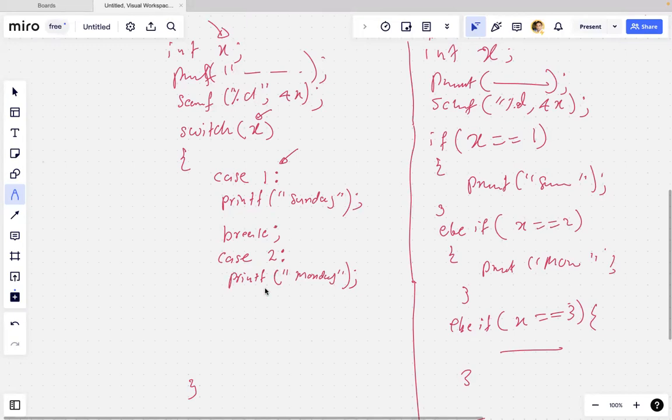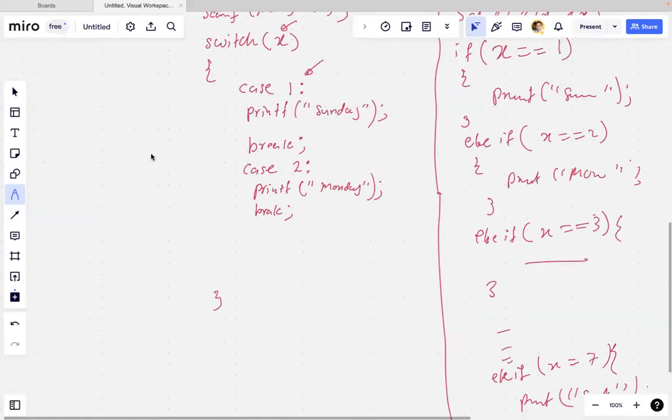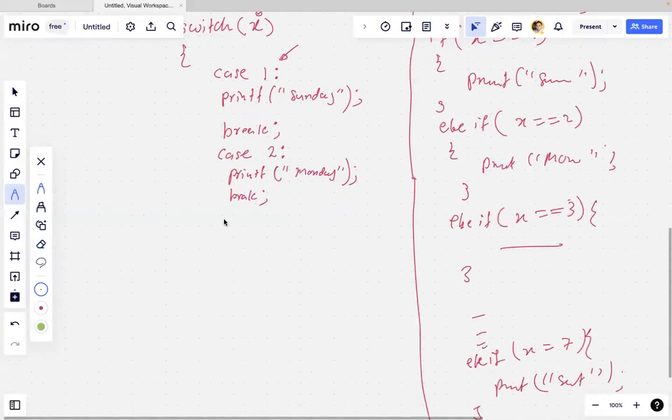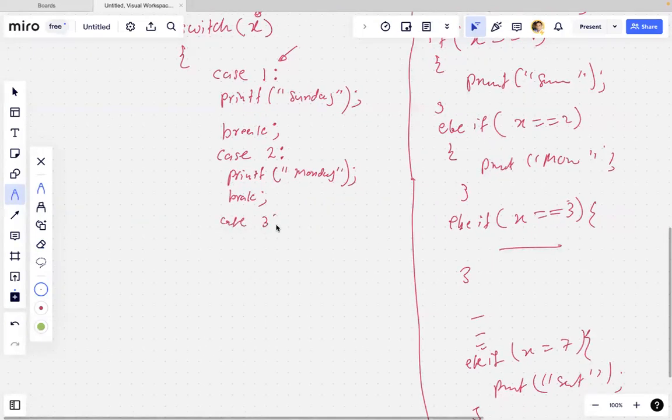Now suppose the case is ended, then you have to provide the break. Then case 3. Likewise you can go on. Let's erase this one. Case 3, whatever the things, and break. After that, case 4.